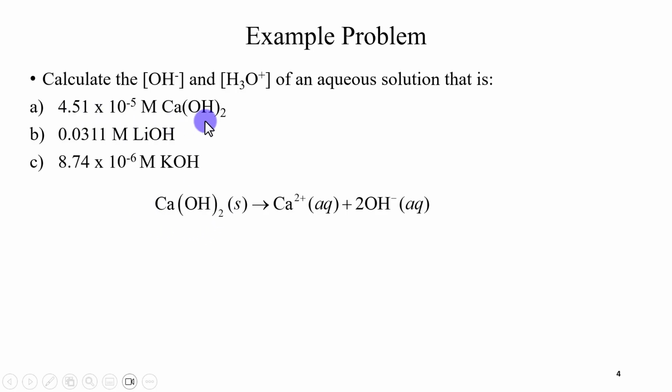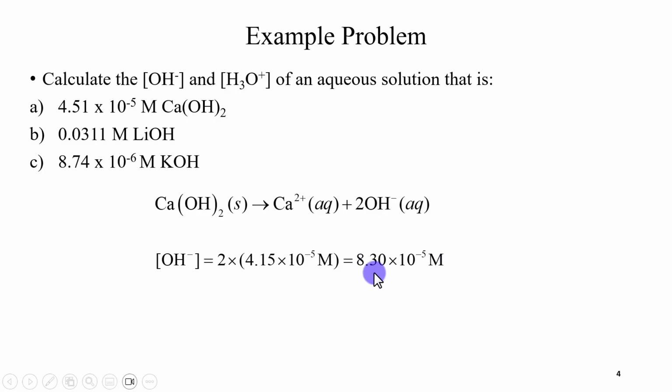So the calcium hydroxide concentration is 4.15 times 10 to the minus 5, but the concentration of OH- will be twice as much. So I have OH- is equal to 2 times the 4.15 times 10 to the minus 5th molar, giving me 8.3 times 10 to the minus 5 molar concentration for OH-.